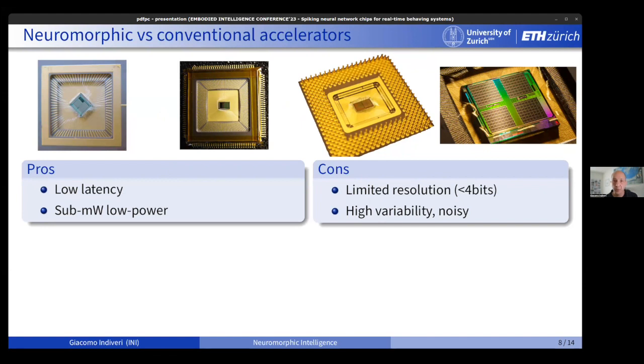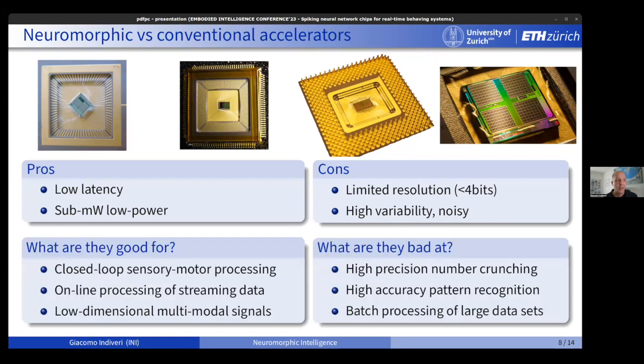And in closed loop, as soon as you have negative feedback, you know well that even if you have a slightly better than chance output, by closing the loop and by having active sensing, you can then iteratively reduce the error more and more. So robotics is a perfect application for these types of chips. And as I said, they're good for closed loop sensory motor processing and low dimensional multimodal signals. If you have cochleas, retinas, pressure sensors, you can convert all those into spikes, and it's very easy to do sensory integration and fusion of multiple modalities.